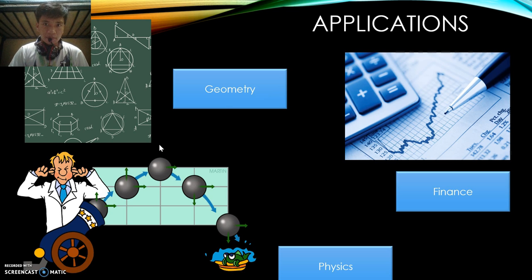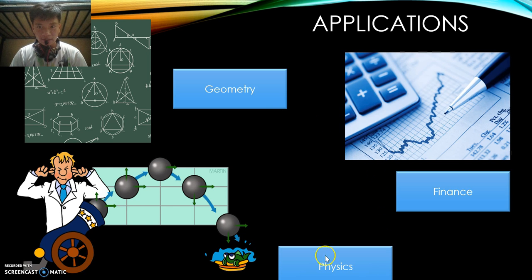These are certain fields of application wherein we use the concept of derivatives. First is the field of geometry, especially in solids: the rate of change wherein solids shrink or get bigger.